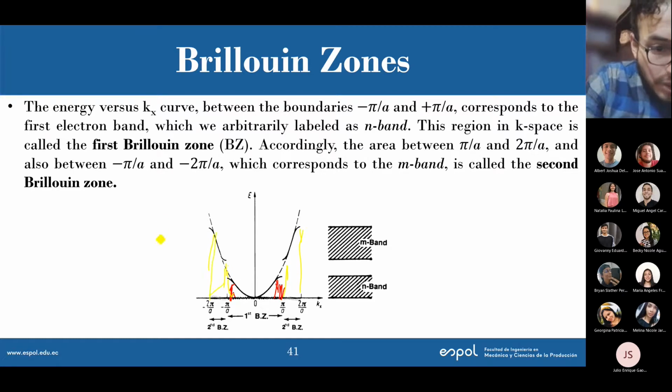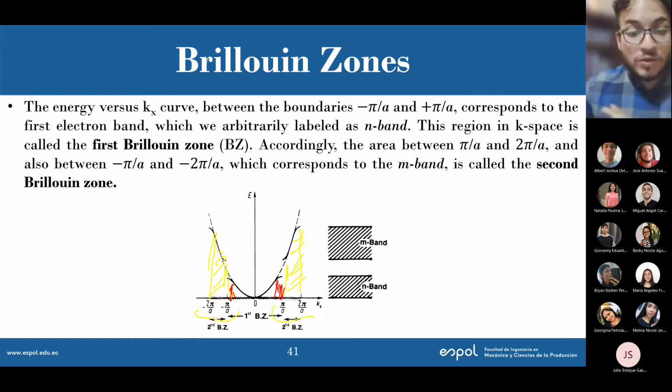So this region in yellow is now the second Brillouin zone. And you see it has two components. It goes from minus pi over a to minus 2 pi over a, and from pi over a to 2 pi over a. So it has two components.